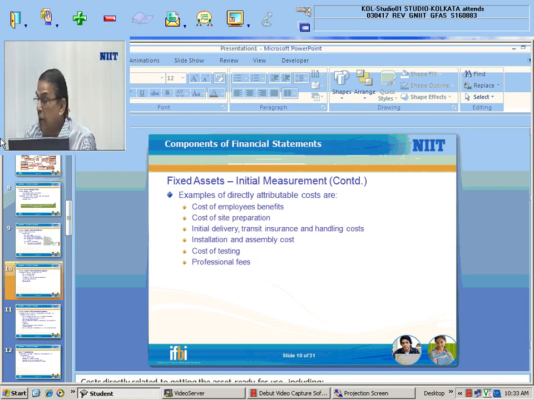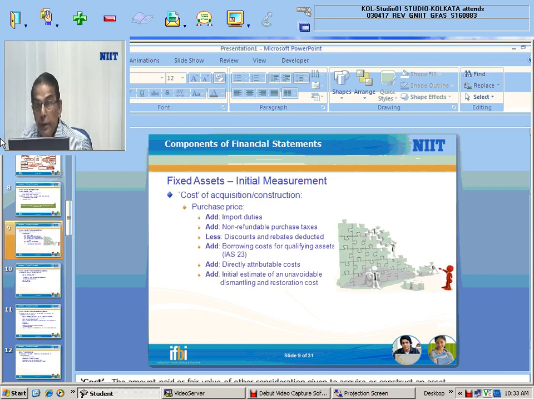We'll see an example which includes that installation cost. We'll see an example subsequently. So, examples of directly attributable cost. We talked about directly attributable cost. In the slide, among the various components which have to be included for initial measurement, there is one called directly attributable cost.